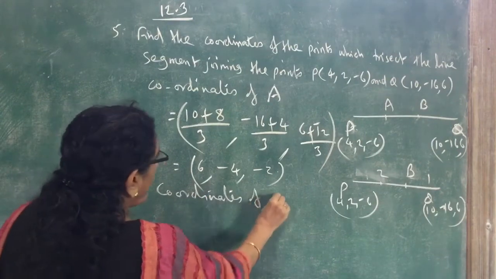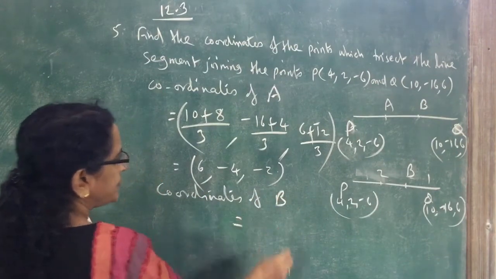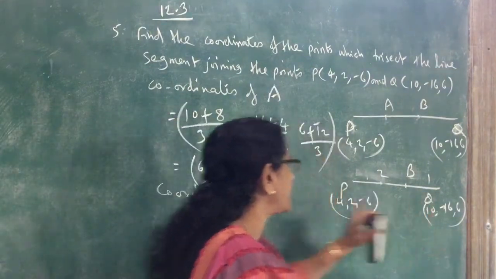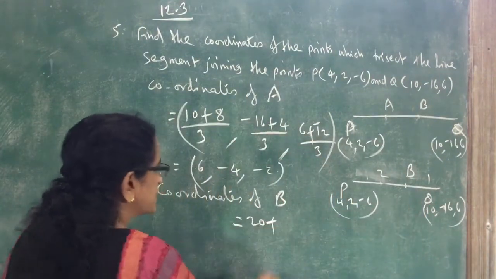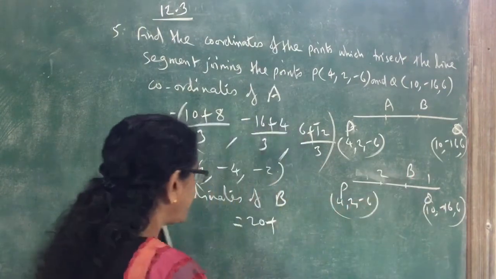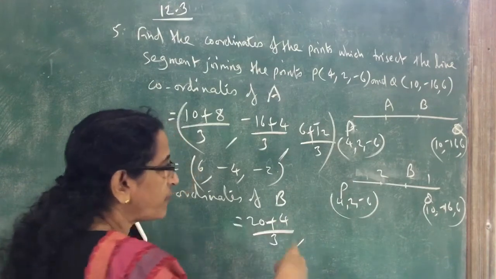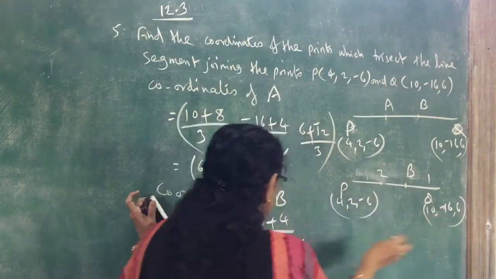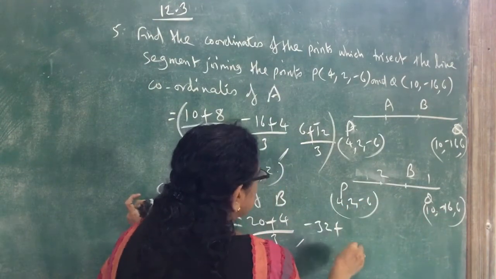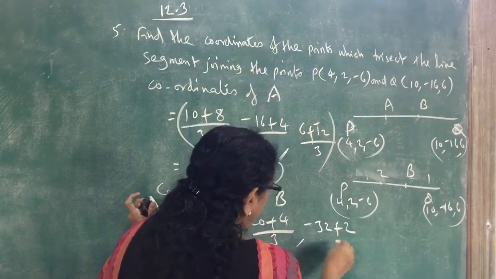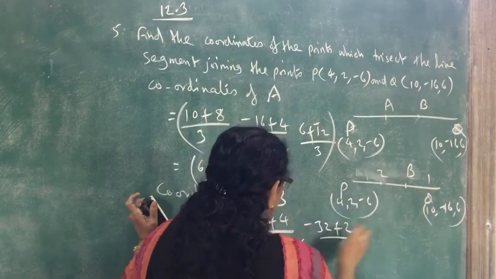Coordinates of point B equal to, first consider the x coordinate: 2 into 10, that is 20, plus 1 into 4, that is 4, divided by 2 plus 1, that is 3. Then the y coordinate: 2 into -16, that is -32, plus 1 into 2, that is 2, divided by 2 plus 1, 3.